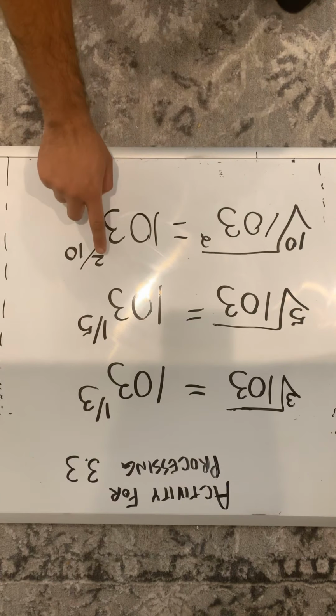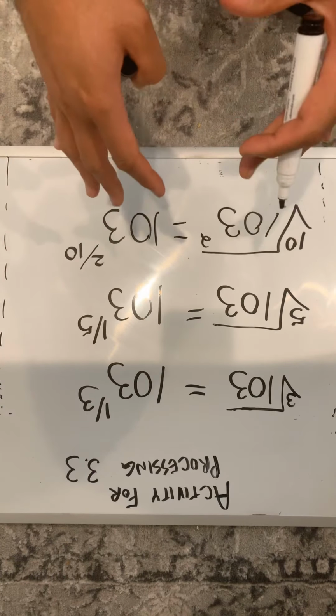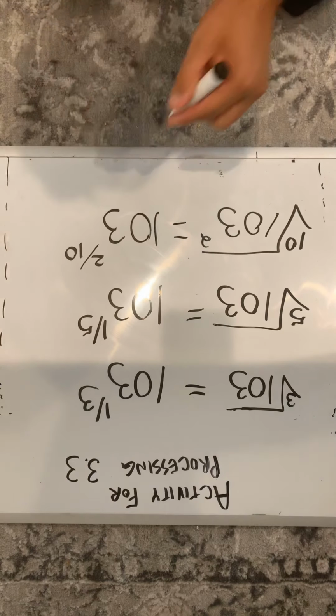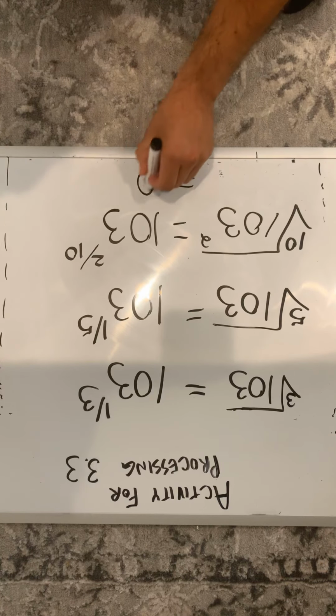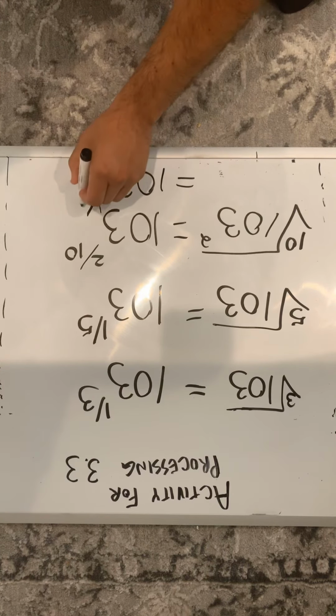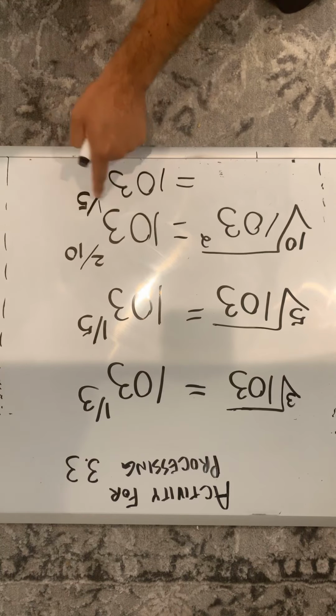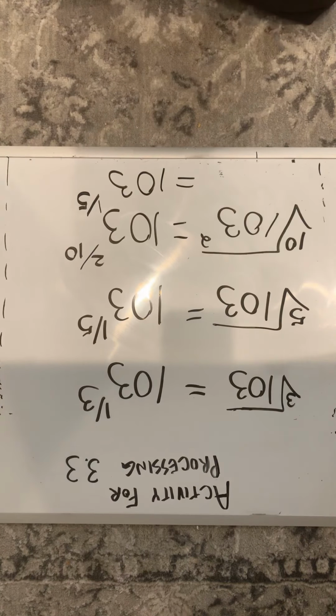If you got this last one to be 2 over 10, great job. I'm going to push you just a little more here. You can reduce 2 over 10 into 1 over 5. It's just a good habit to reduce your fractions, right?